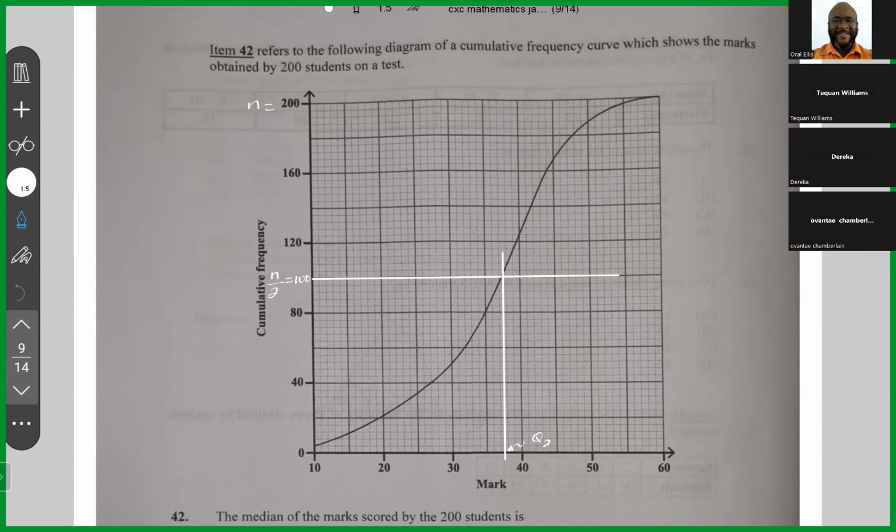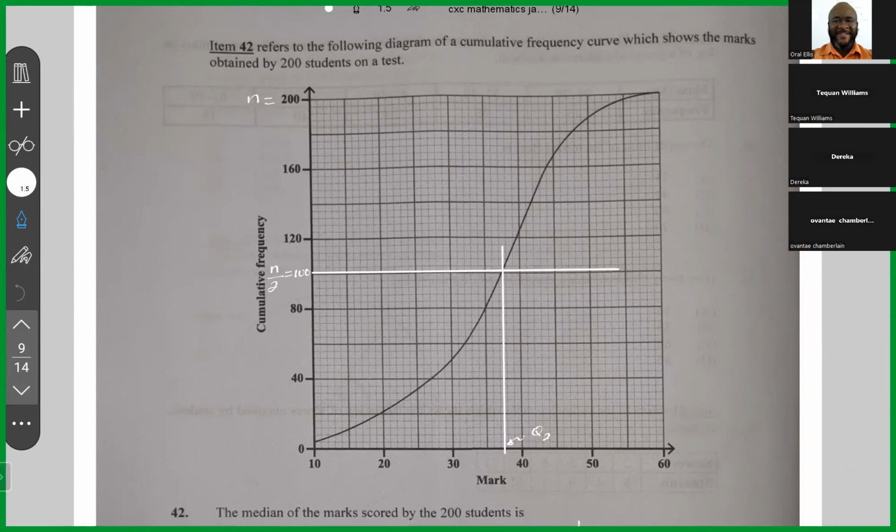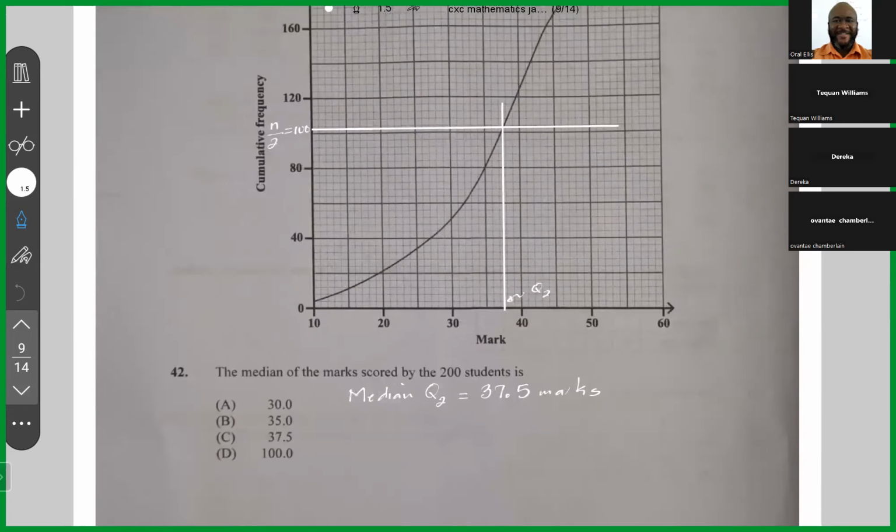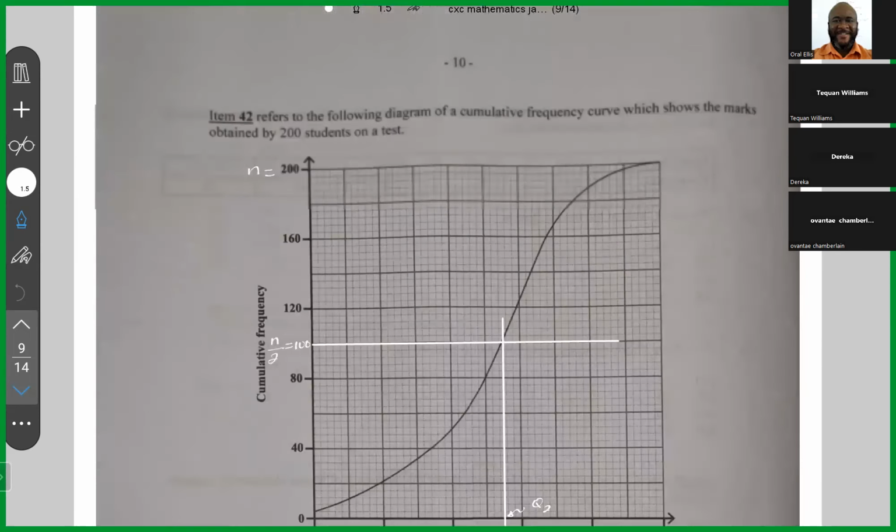N is at the extreme top, it's 200 students. N divided by 2 is 200 divided by 2, which is 100. The median is the mark of student number 100. You go across, it's past 30, past 35, in the middle between 35 and 40. The median is 37.5 marks.